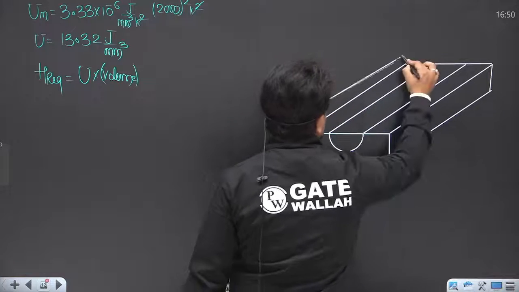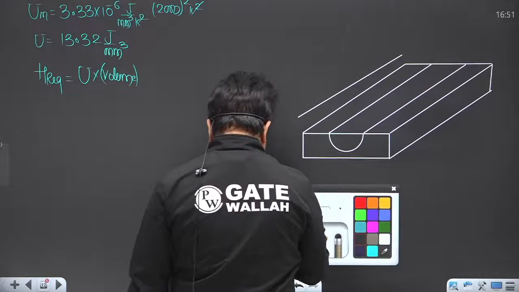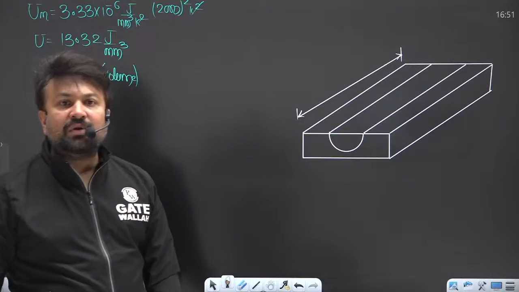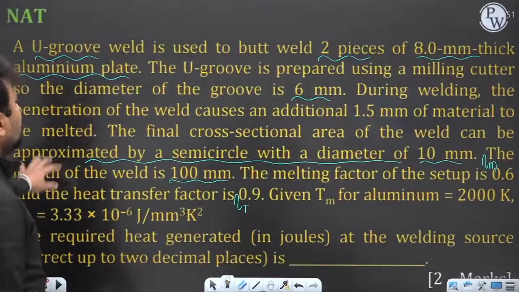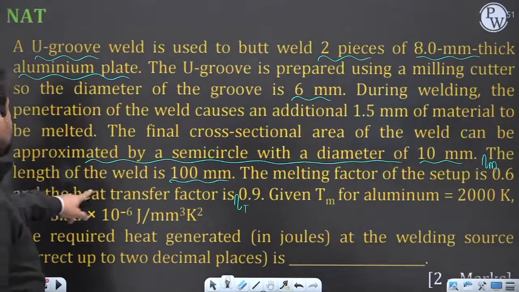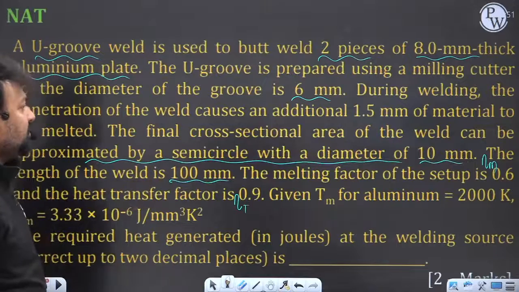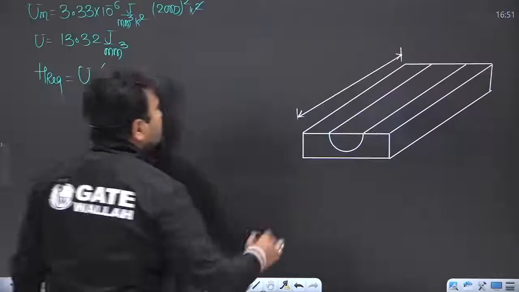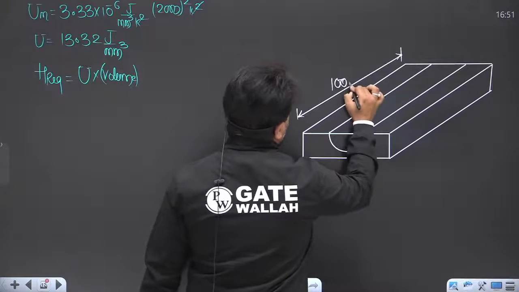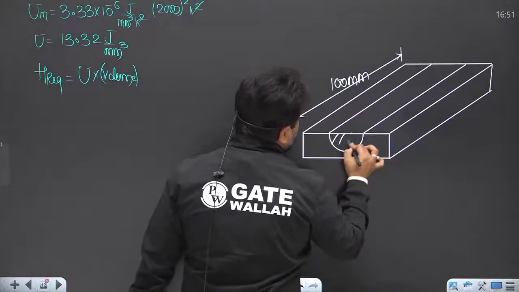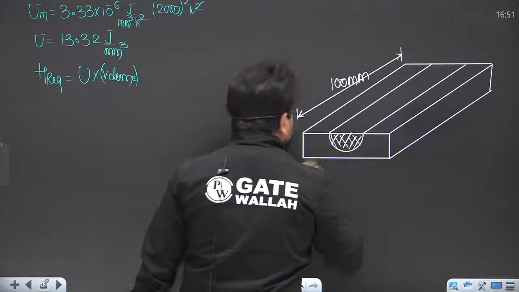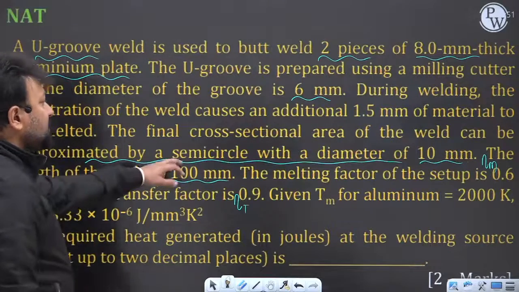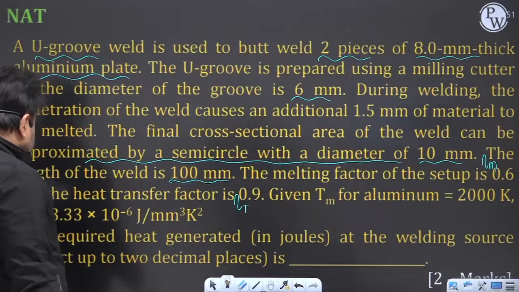This is the length of the weld pool, and the length of the weld is given, that is 100 mm. This is the weld pool having a diameter of 10 mm, semicircular. So what will be the cross-sectional area?